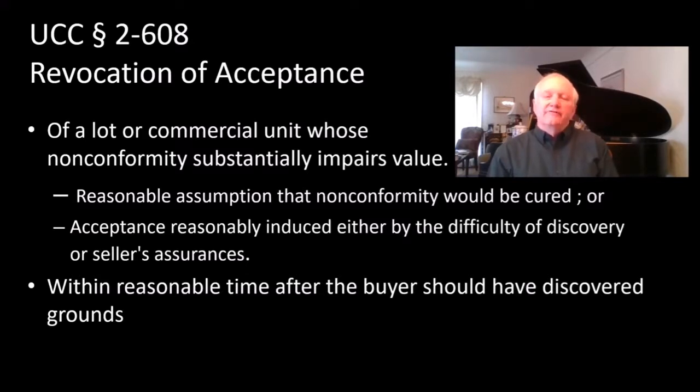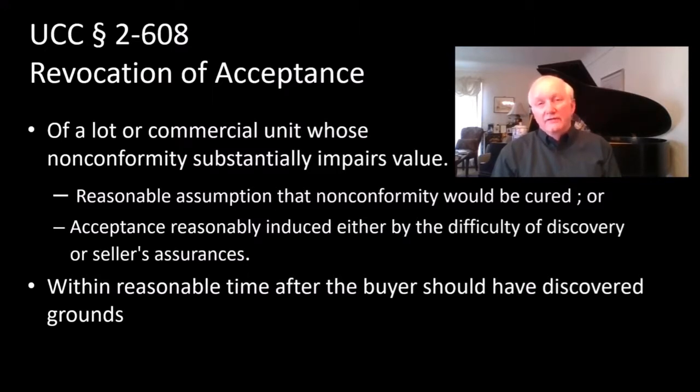That if it's been delivered with a reasonable assumption that nonconformity would be cured, then you probably can go back and revoke your acceptance. Or if it's been induced by the difficulty of discovery. And I probably had both of these here, because when the gentlemen were here that did the delivery, and they were agents of the retailer, they said, hey, if you've got any problems, just give us a call.